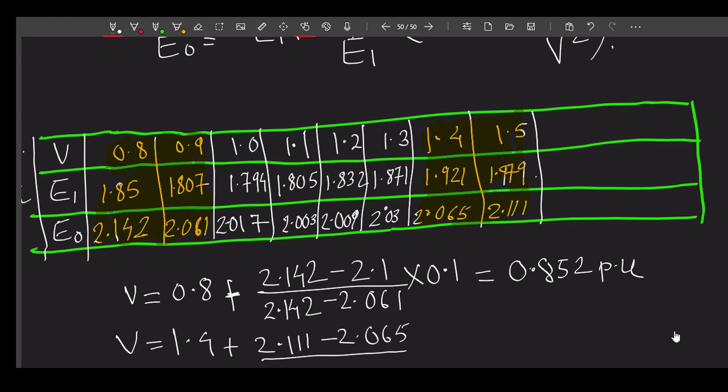This V must be somewhere in between. So 0.852 is perfectly okay. And then the next one, that is 2.11, minus, sorry, here it must be.